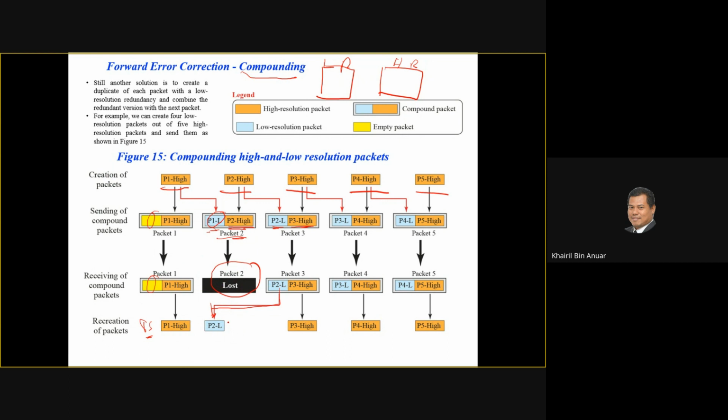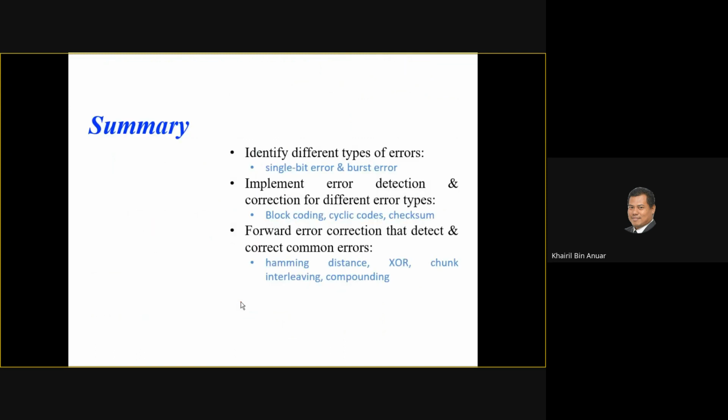Rather than showing an empty frame, you have low resolution, and then the next frame you receive the high resolution and so forth. This is a forward error correction where you can quickly correct a missing frame or packet. So this is the compounding technique.